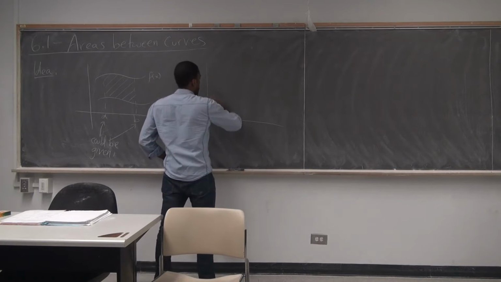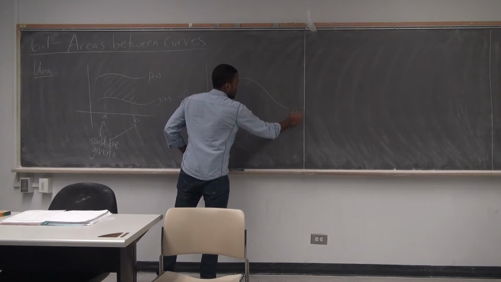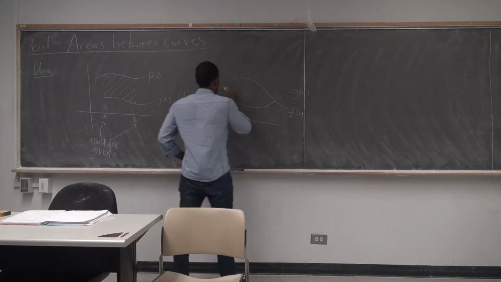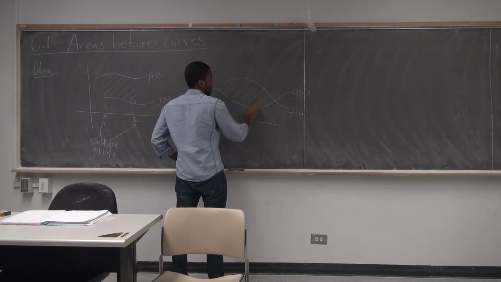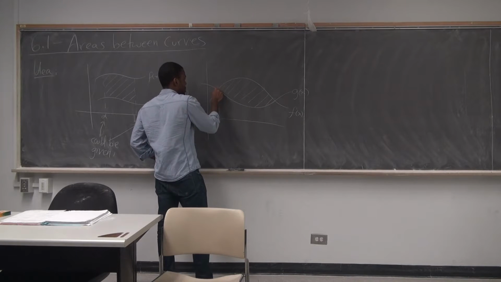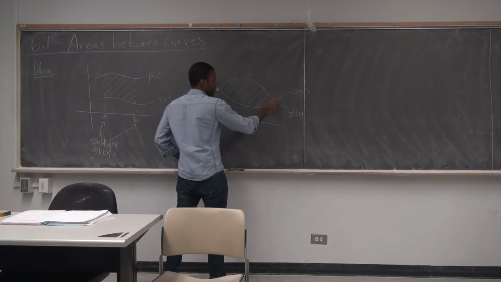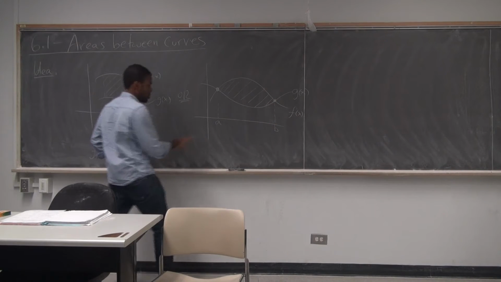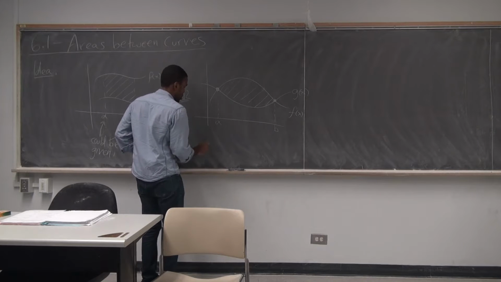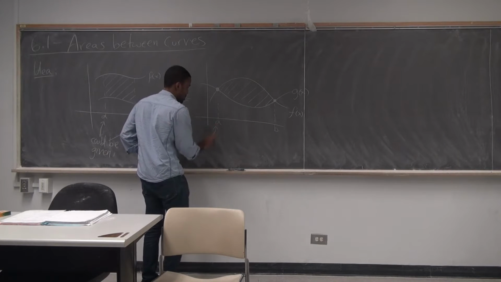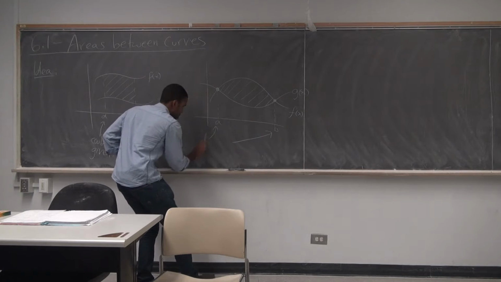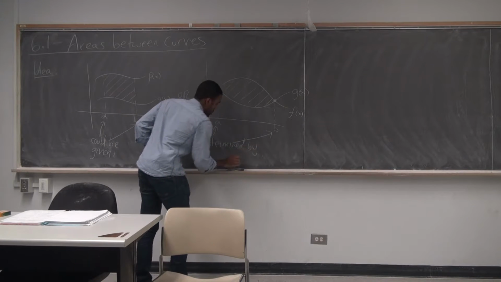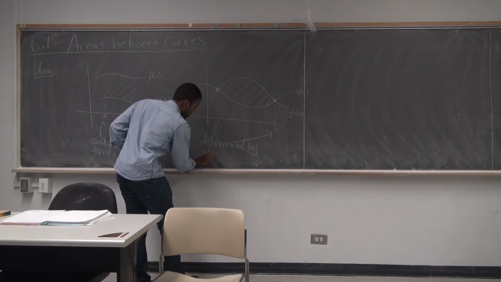So you could have something like f is doing this, g is doing that. You want to find the area between those, and then these intersection points tell you what limits you should use.